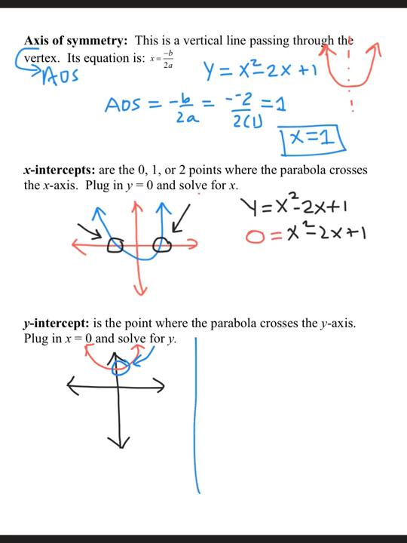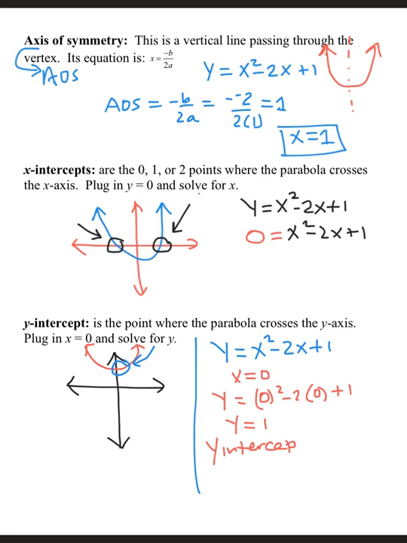Suppose I'm given an equation, and I'm just going to use the same equation here, x squared minus 2x plus 1, and I'm told to find the y-intercept. All I need to do is to say x is equal to 0, and then y is going to be 0 squared minus 2 times 0 plus 1. So the intercept is going to be 1. So y-intercept equals 1.